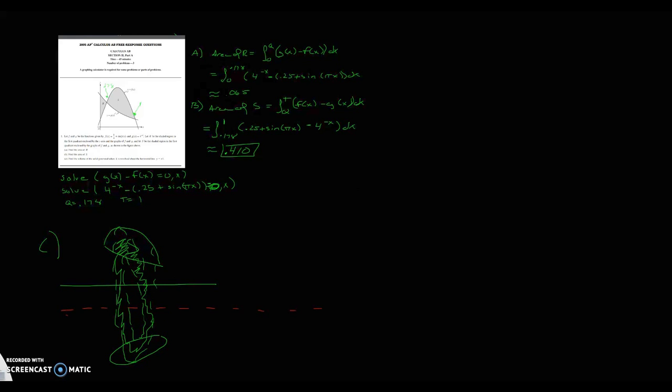So outer squared minus inner squared. And I told you my drawings weren't good. This is what it would look like: a bunch of washers.